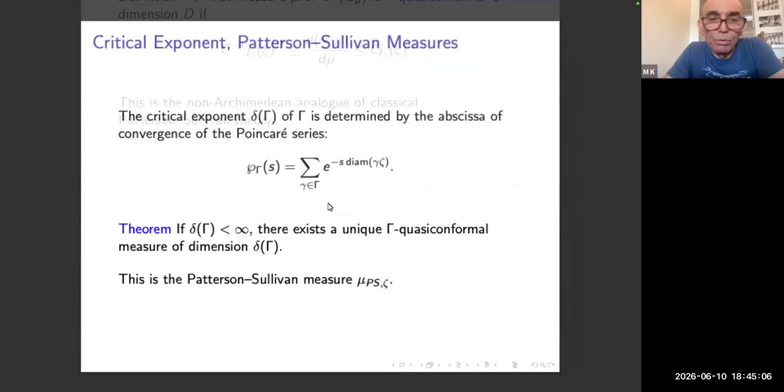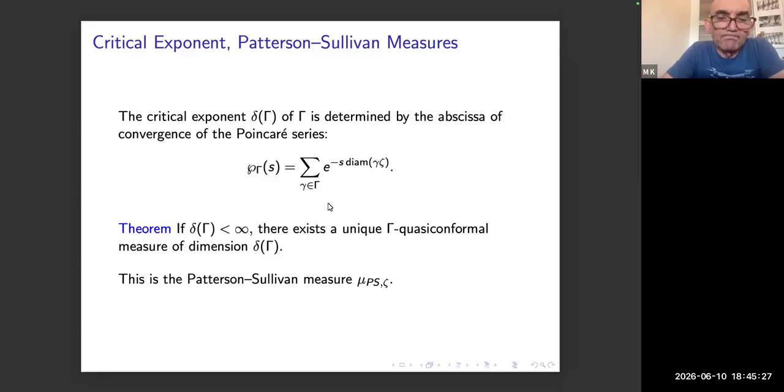Okay, and then Poincaré series you can define as in the classical case. You prove again similar things happen. So there is a critical point. Below the critical point, divergence. Above the critical point is convergent.